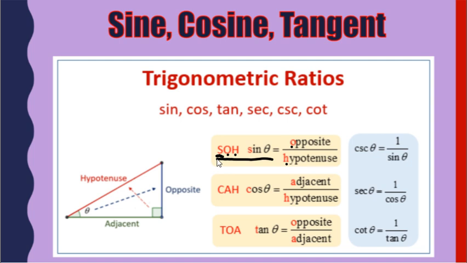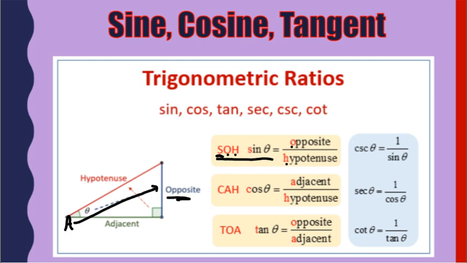And it might help if we know which part is the hypotenuse, which is the opposite and adjacent. If we're trying to find a specific angle, let's just say this one is angle A. Opposite angle A is directly opposite it, so find that angle, go to the opposite side.